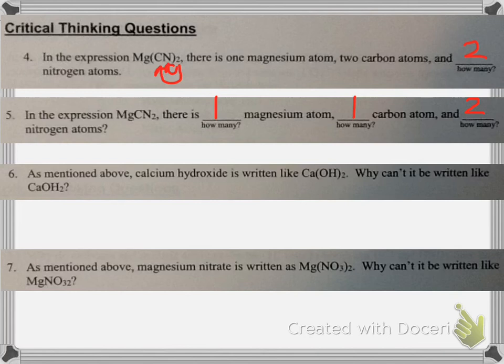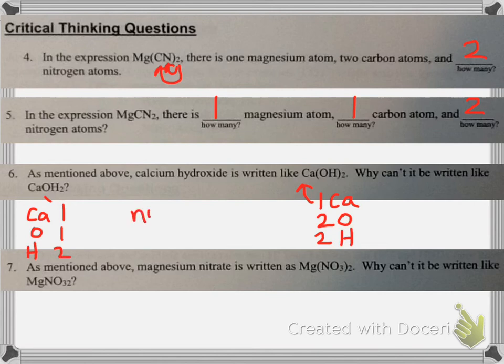Number 6, as mentioned above, calcium hydroxide is written like Ca(OH)2. Why can't it be written like CaOH2? This formula has 1 calcium, 2 oxygens, and 2 hydrogens. This formula has 1 calcium, 1 oxygen, and 2 hydrogens.